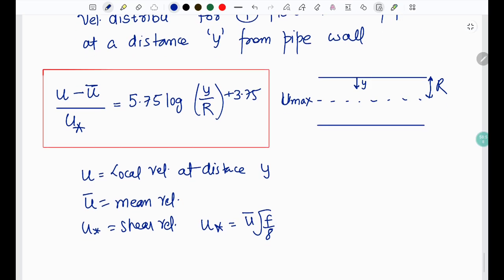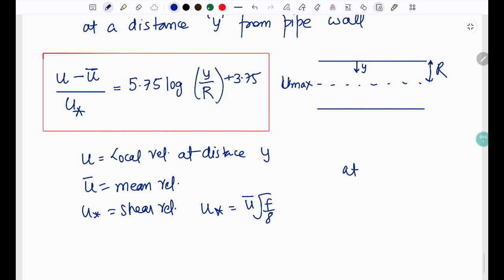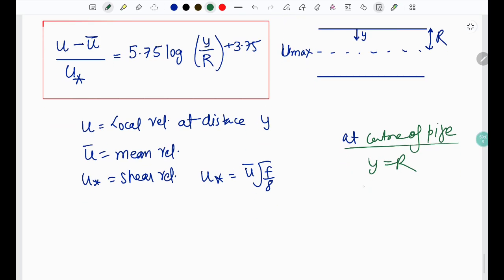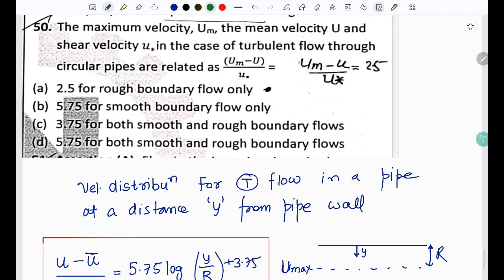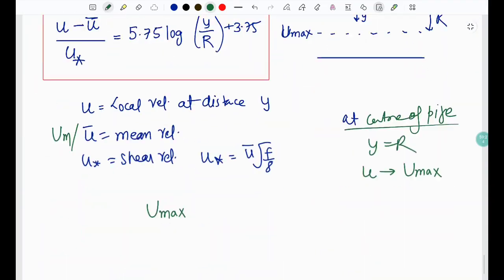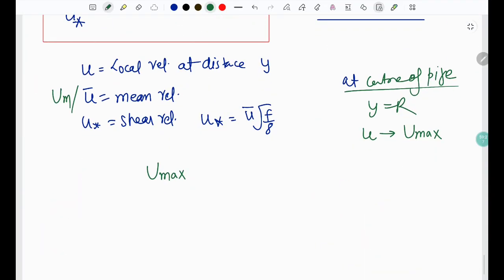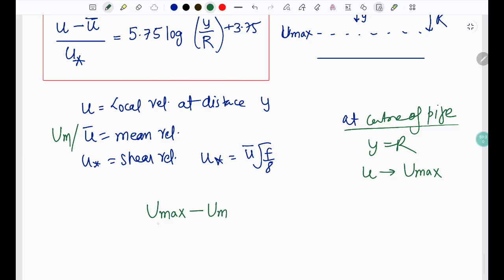Now at the center of the pipe, y becomes r, and the local velocity u becomes u max, so the relation becomes u max minus u bar, which can be written as um also, as in our question um is the mean velocity, over u star, equals 5.75 log, since y is r, r by r, plus 3.75.